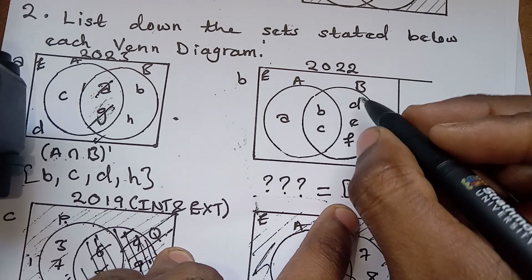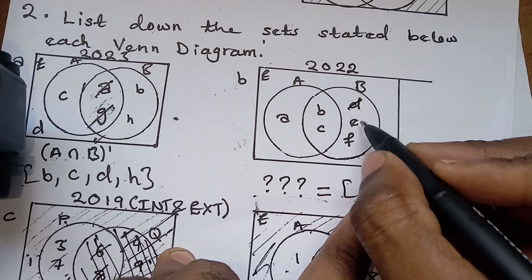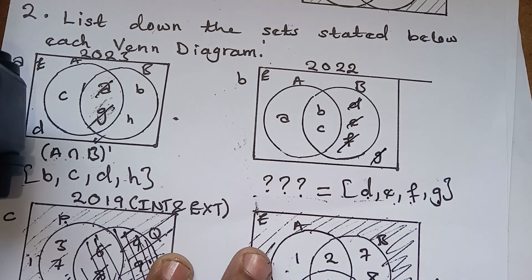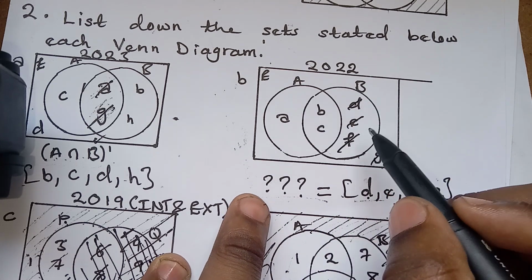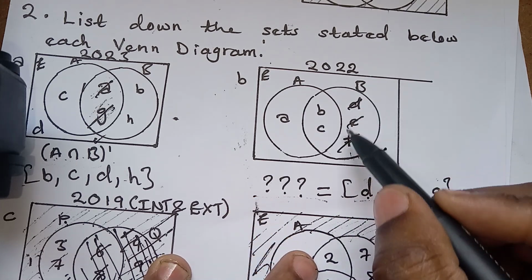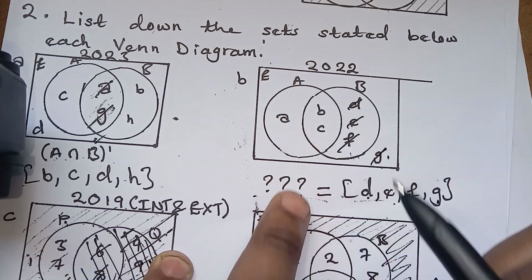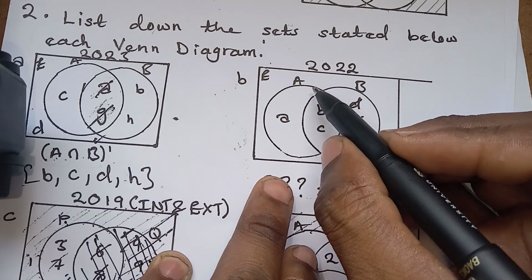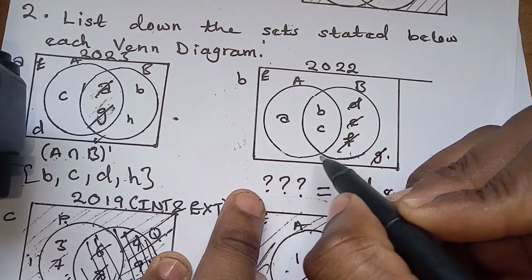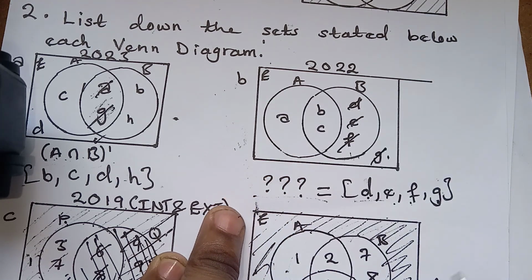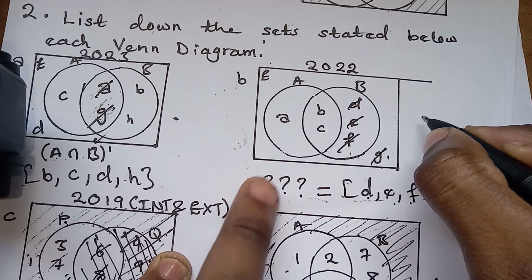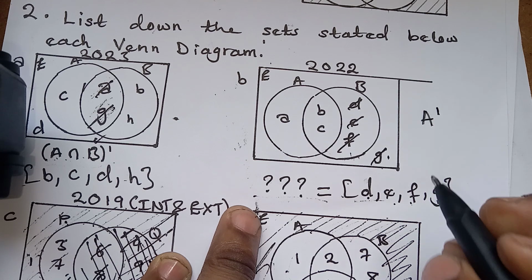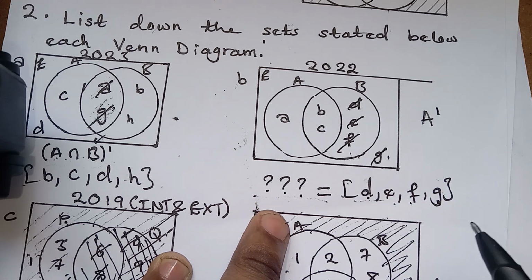We have a D, this one here, an E, and an F, and then we have a G. As you can see, none of these elements is in the set A. So that means we are talking about all the elements outside the set A. So in mathematics, that set is A complement. That's how you describe this region.